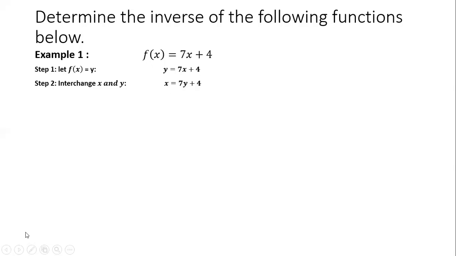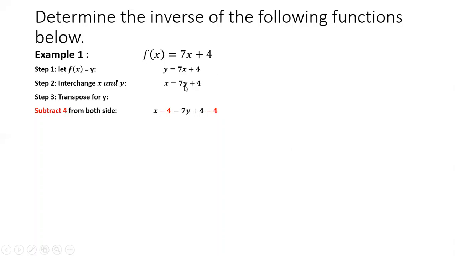Step 3, what we're going to do is to transpose for y, meaning that we're going to make y the subject of this function. So we need to transfer all the other numbers to the other side. So the first thing that we're going to do is to subtract 4 from both sides of this function.